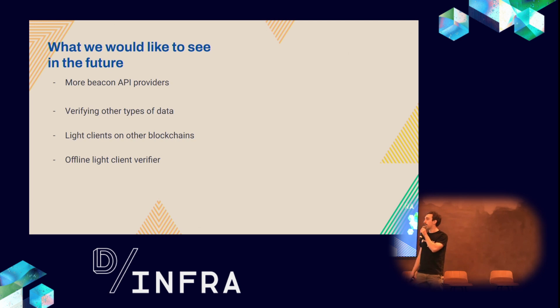And lastly, an offline light client verifier. As we saw, you need to constantly sync with the Beacon API provider, and you need to query the RPC node for the proofs, etc. We are looking into a use case where instead of pulling all the data, the light client will be in a push mode, where you push the updates and the necessary proofs into it, and this data is verified.